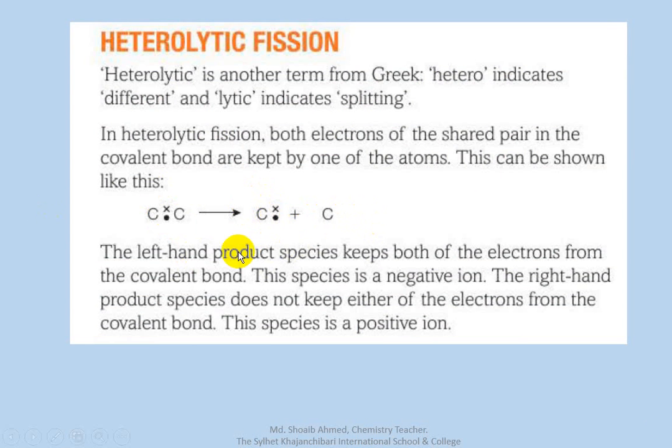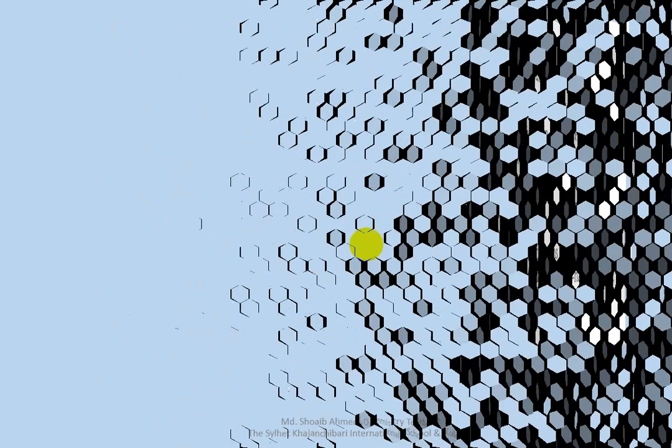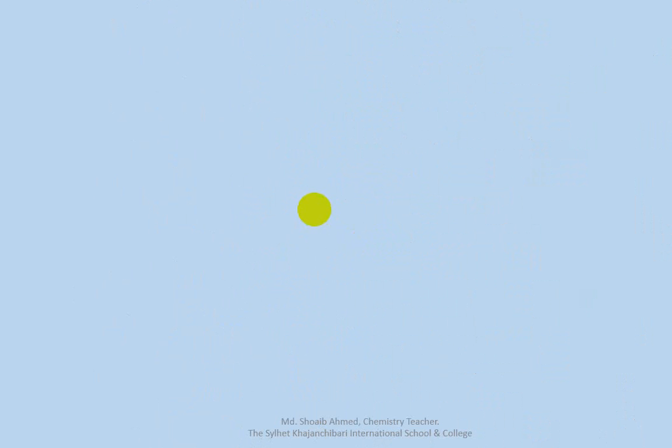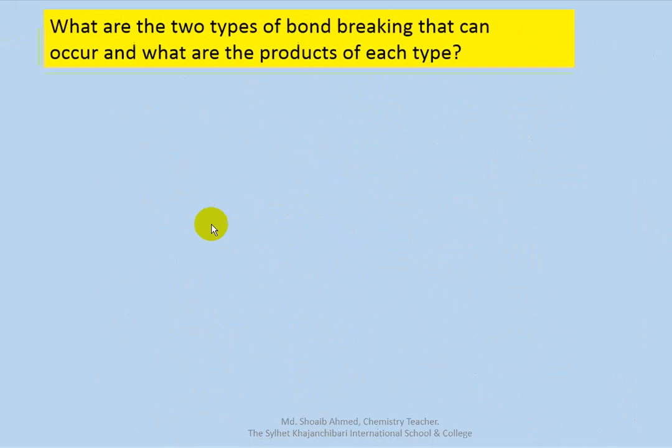The left product species keeps both electrons, so it is a negative ion. The right-hand product species keeps neither electron, so it is a positive ion. So heterolytic fission forms a positive ion and a negative ion, and homolytic fission forms free radicals.